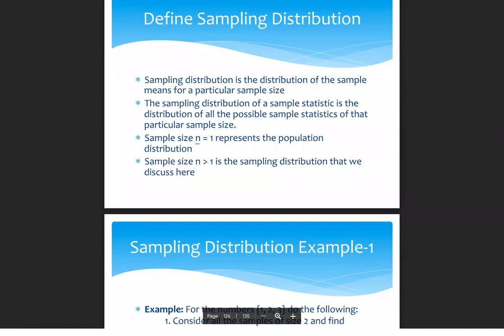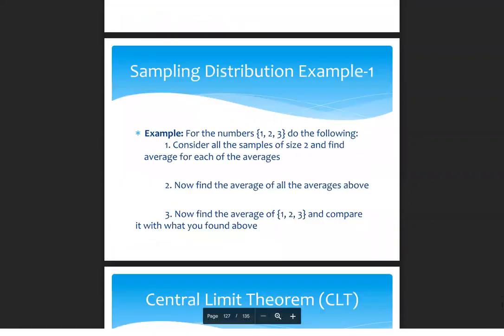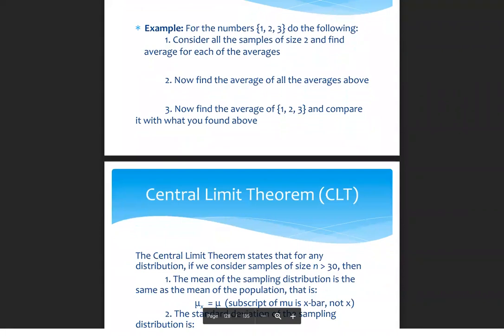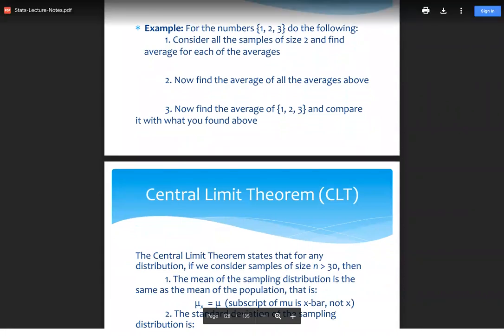Now, to get a hands-on experience with this, I'm gonna give you a very naive and simple example, and I want you to try that example, everybody. Let's think of a very interesting population, okay? The population contains 3 numbers, 1, 2, and 3, in the traditional sense of numbers.